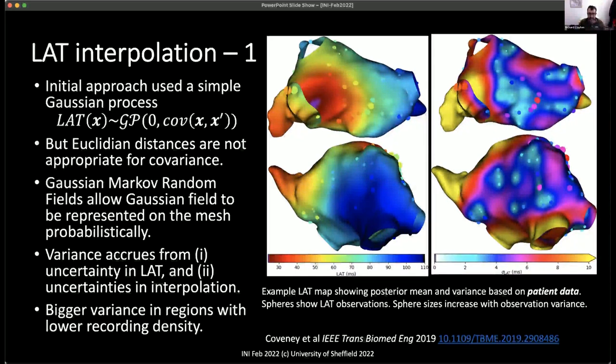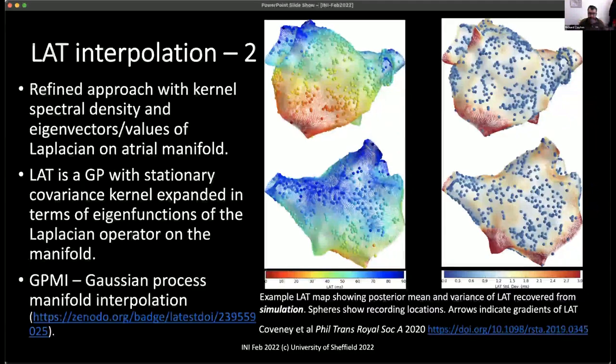So we refined this method a little bit so that we could do a lot of pre-computation, so we could pre-compute some aspects of the estimate, and this involved a different approach to the covariance kernel, where we expanded in terms of eigenfunctions of the Laplacian on the manifold.